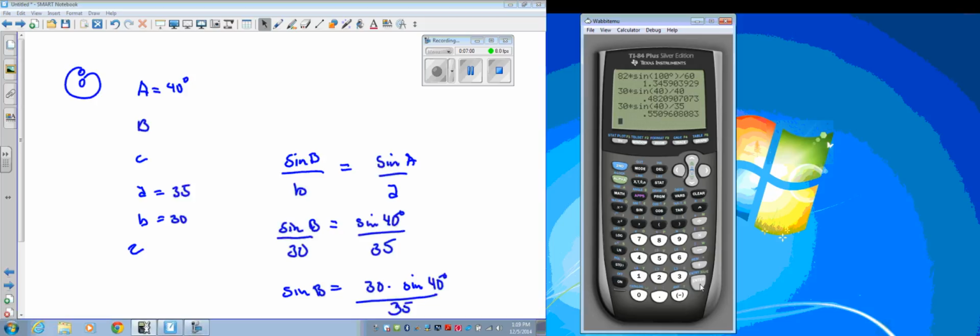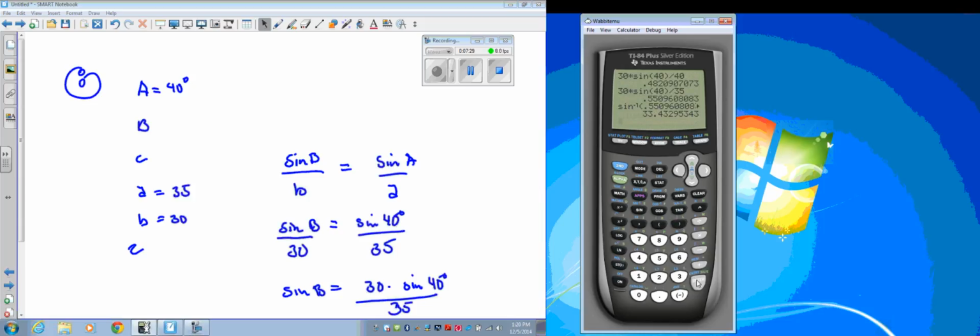Now, if we wanted to know which one it is, then we would have to do sine inverse, and that will get the angle that I have.